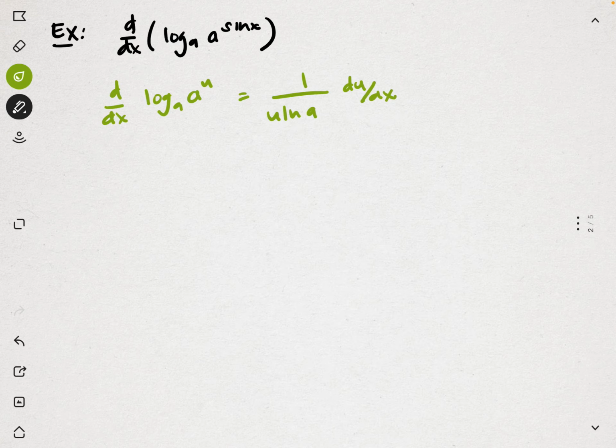Okay, so we're going to do 1 over, we have sine x as our u, and then ln of a, and then we're going to do the chain. So we have the chain of sine x is cosine x.